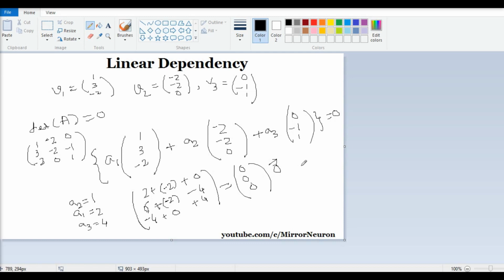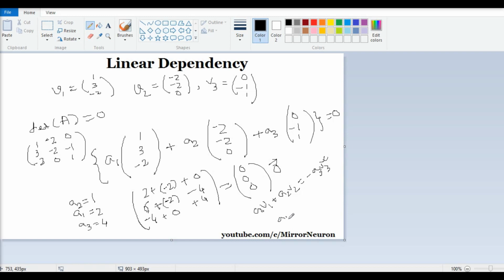Now what does this imply? This implies that a1 times v1 plus a2 times v2 can also be written as minus a3 times v3. So this third column can be any combination, right?